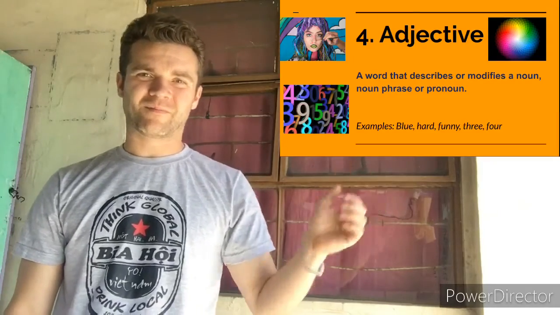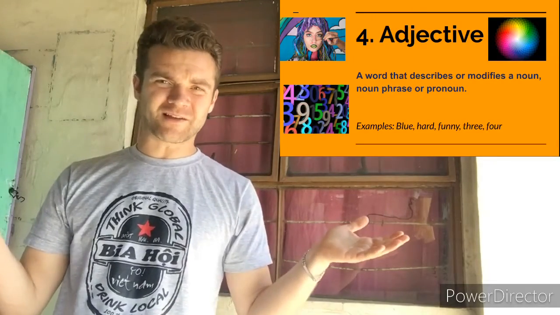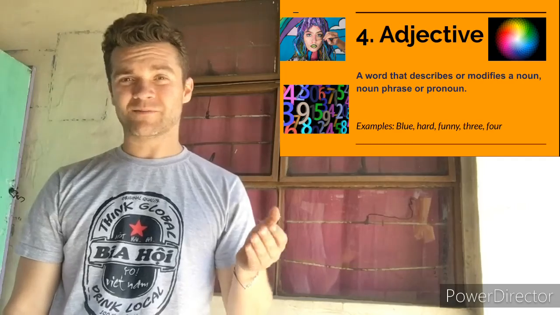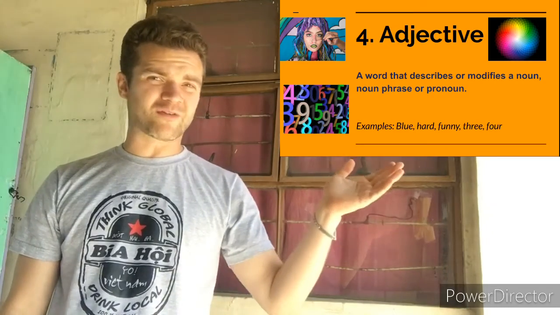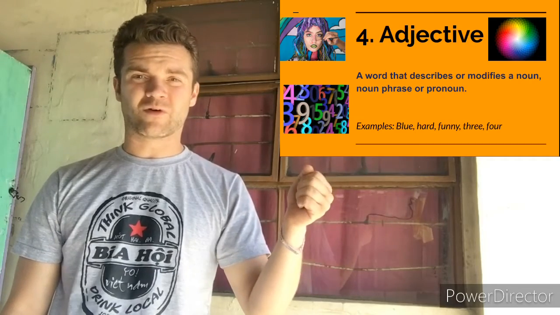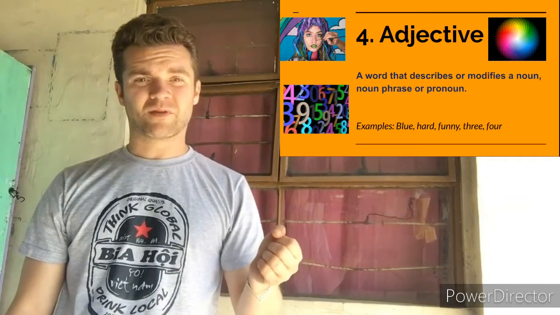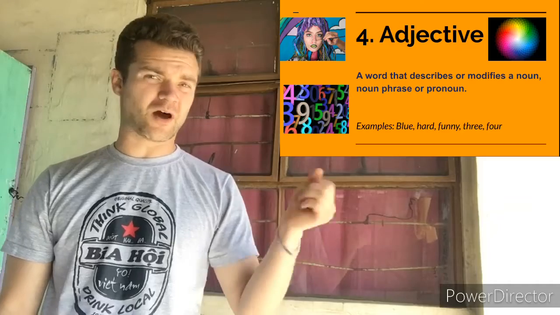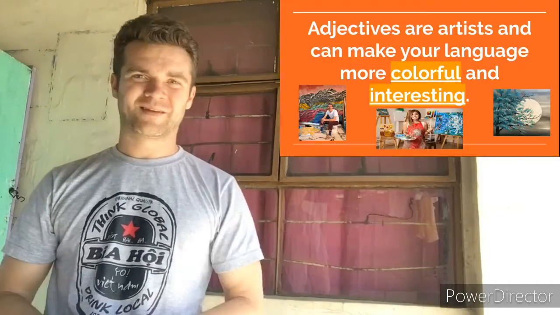The last category of words we're going to look at today are adjectives. So, what are adjectives? Well, adjectives are words that you can use to describe pronouns, nouns, or noun phrases. Examples of these could be colors or numbers.